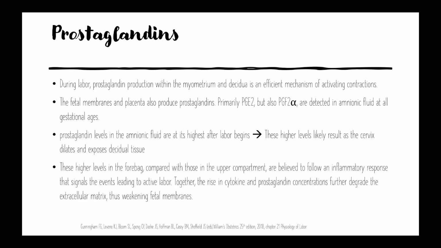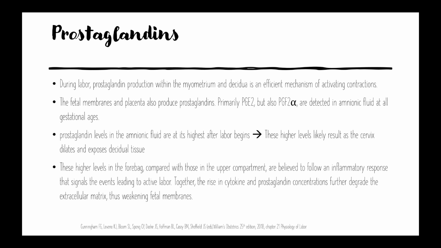During labor, prostaglandin production within the myometrium and decidua is an efficient mechanism of activating contractions. The fetal membranes and placenta also produce prostaglandins, primarily PGE2 but also PGF2 alpha, which are detected in amniotic fluid at all gestational ages. Prostaglandin levels in the amniotic fluid are at their highest after labor begins, and these higher levels likely result as the cervix dilates and exposes decidual tissue.